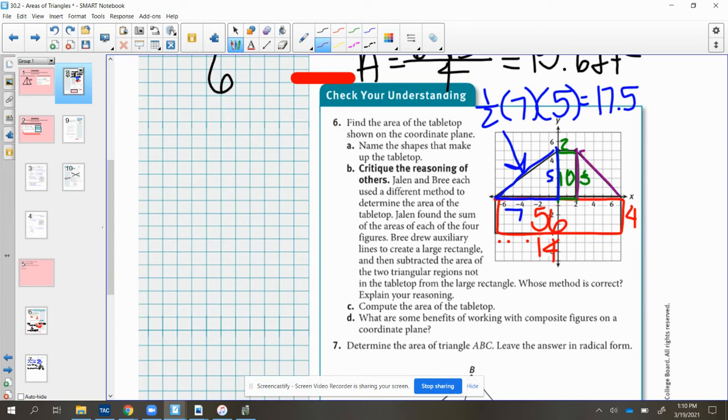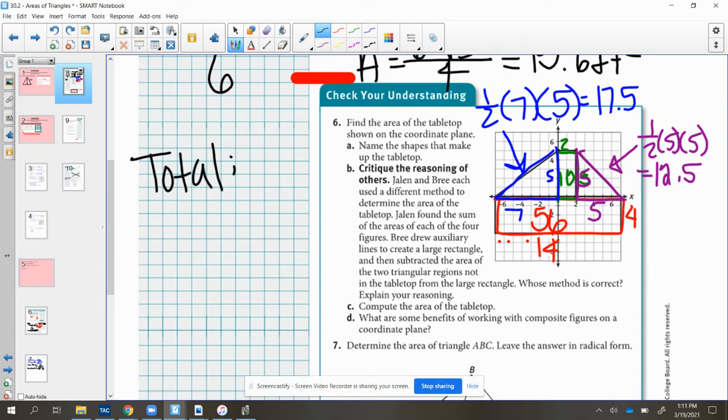And then last but not least, we have one more right triangle. This time the base of that right triangle is 5. Height we said was 5. So 1/2 of 5 times 5, half of 25 is 12.5. So the total area of our composite figure comes from adding those four together.